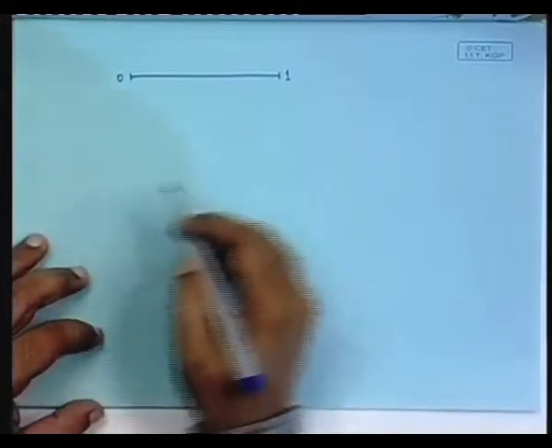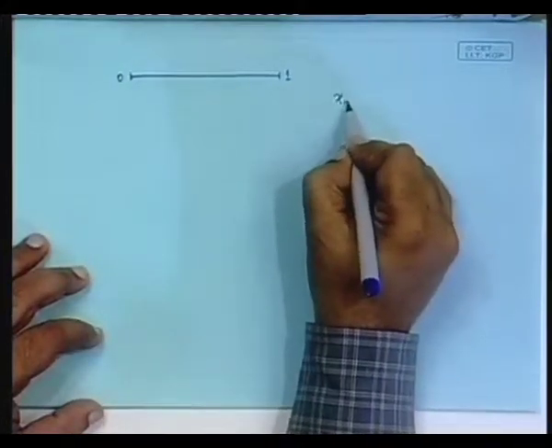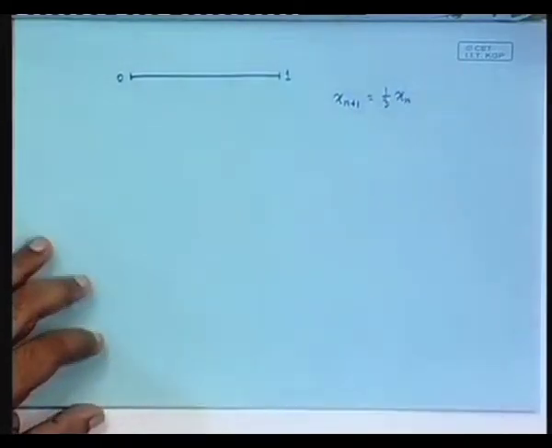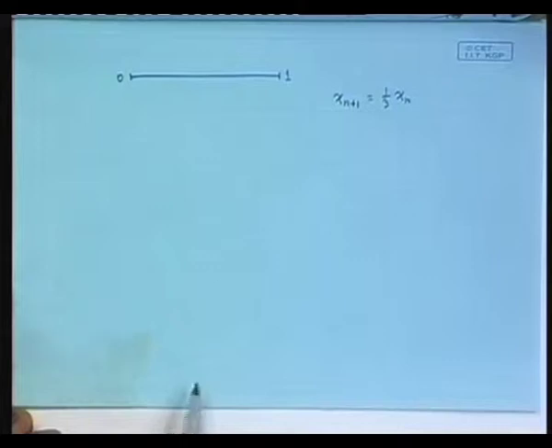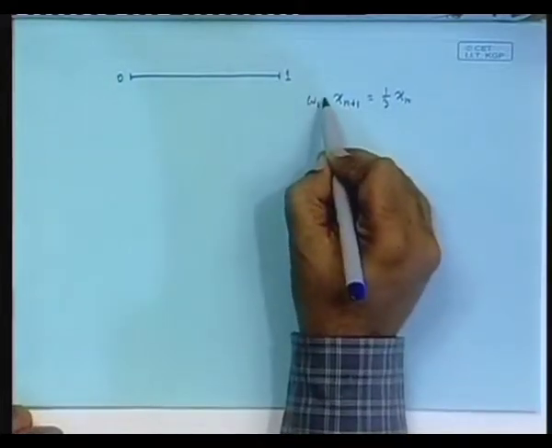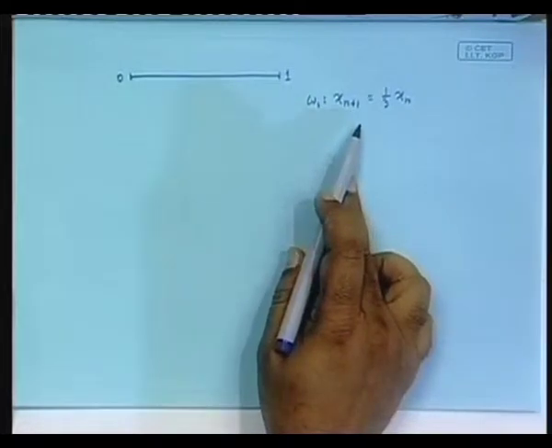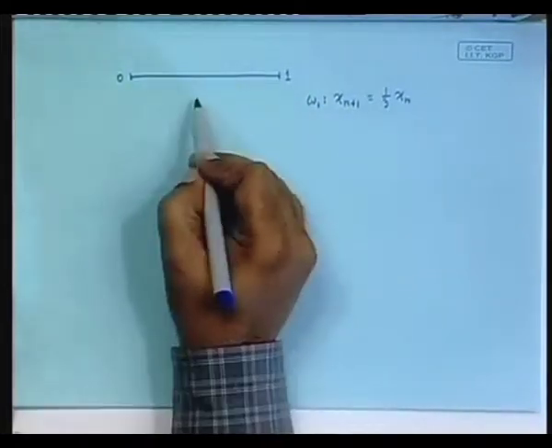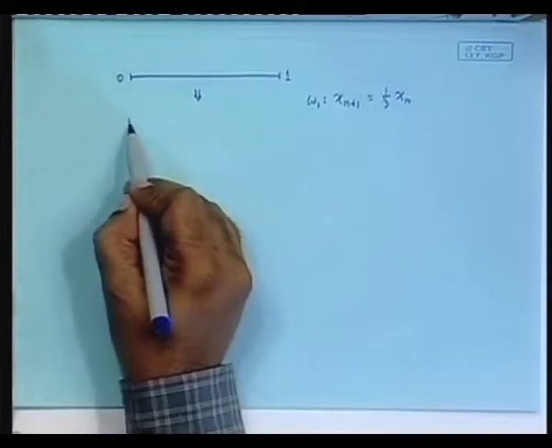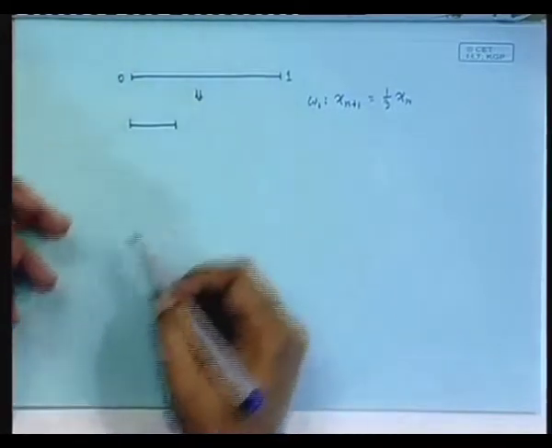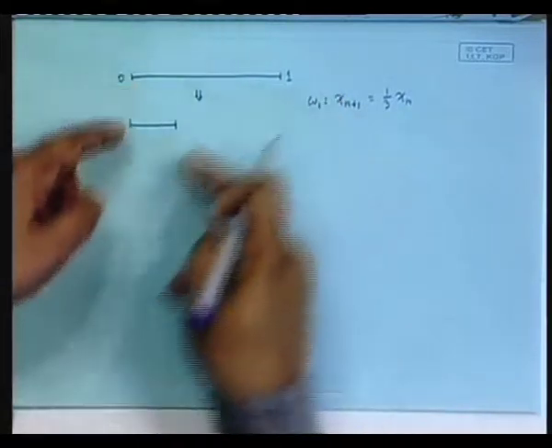If I now say that x n plus 1 is equal to 1/3 of x n is my map, my W1, what do you get out of this? In the next iteration, it gives this much. If you keep on applying it, it ultimately converges to a point, right?